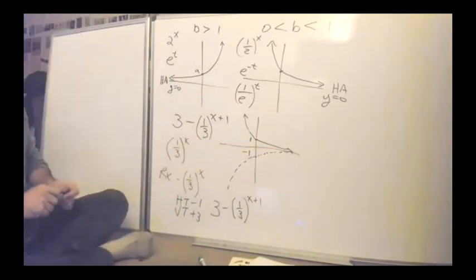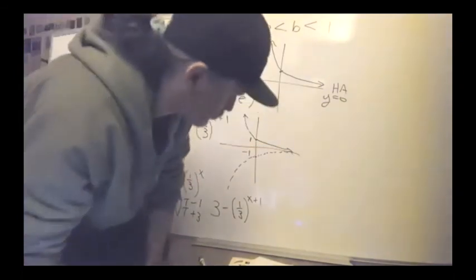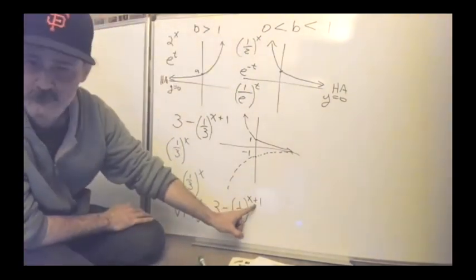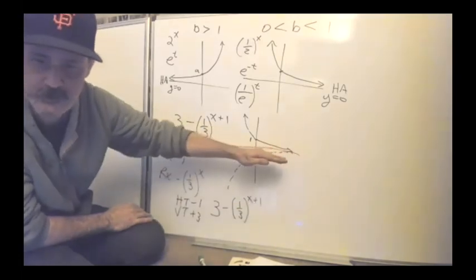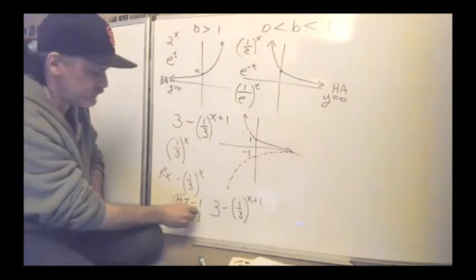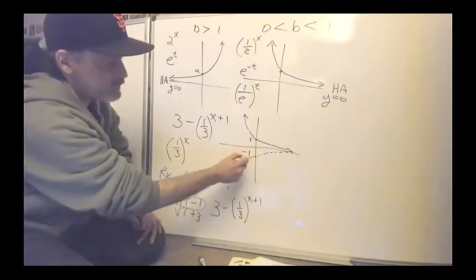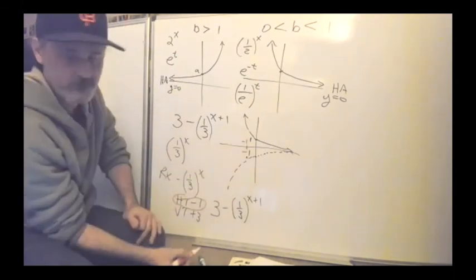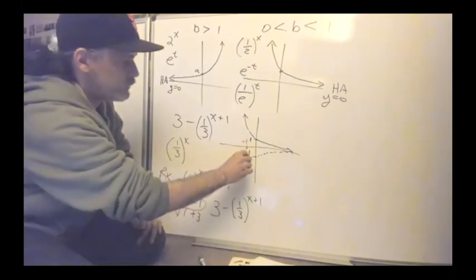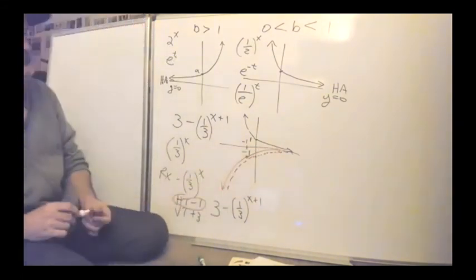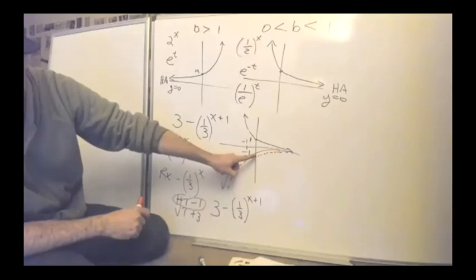Horizontal asymptote hasn't changed. Okay? Now, if we move that to the left, that's not changing the horizontal asymptote. So if we do the horizontal translation to the left, that means this is going to go right here when x is -1. And so the y-intercept is going to go up a little bit.